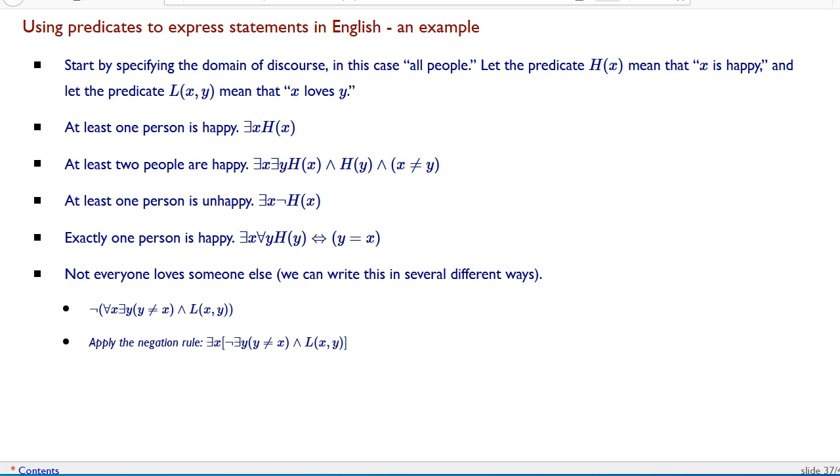I'm not sure that's an improvement, but it's at least a good intermediate step. Let's apply the rule again. Okay, we'll slip this inside the quantifier, and that means the quantifier turns into the universal quantifier. So we now say there exists an x with the property that for all y, it is not the case that y is different from x and x loves y.